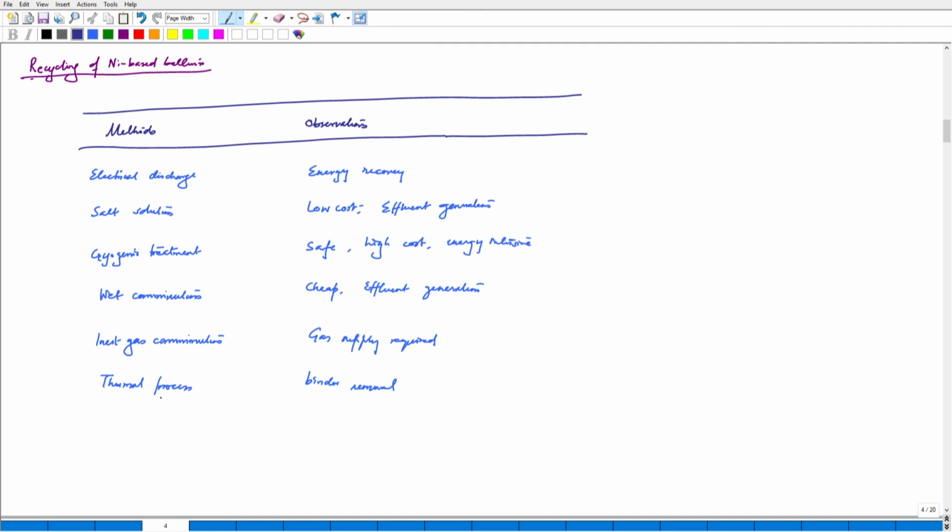Now every process has its own advantage and disadvantage also. What is a good way of handling batteries? Before we even go ahead for recycling, it is important to handle batteries, discharge the batteries safely, and then we will be subjecting it to, let's say, pyrometallurgy or hydrometallurgy or any other combination of these processes.